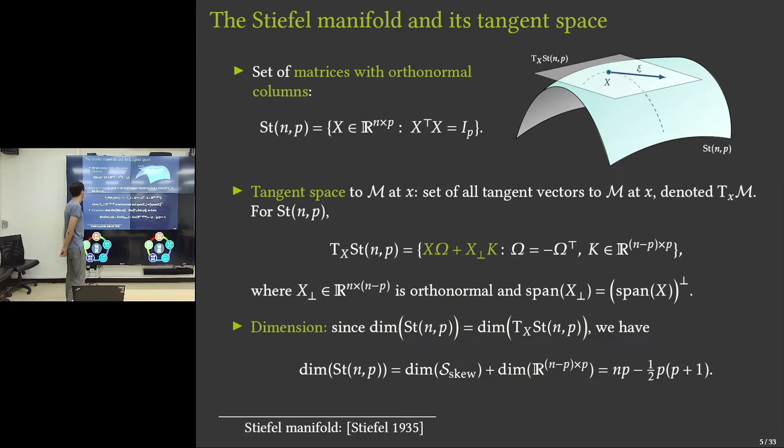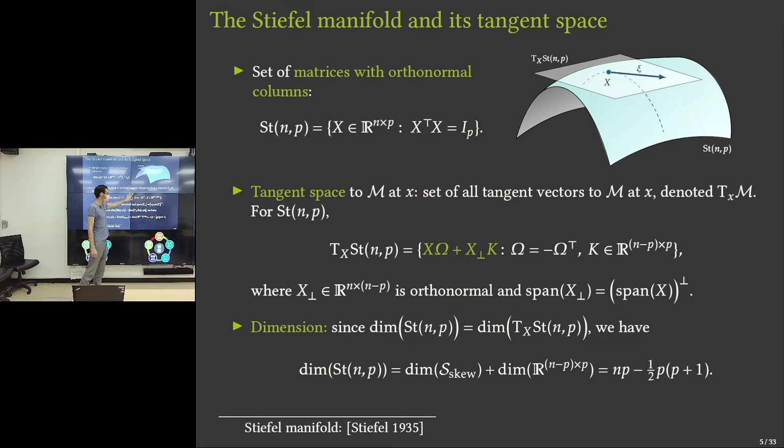At an orthonormal matrix X, any tangent vector has this form: X times Omega, a skew-symmetric matrix of size p, plus X perp times K, where X perp is an orthonormal matrix such that the subspace spanned by its columns is equal to the orthogonal complement of the subspace spanned by the columns of X.